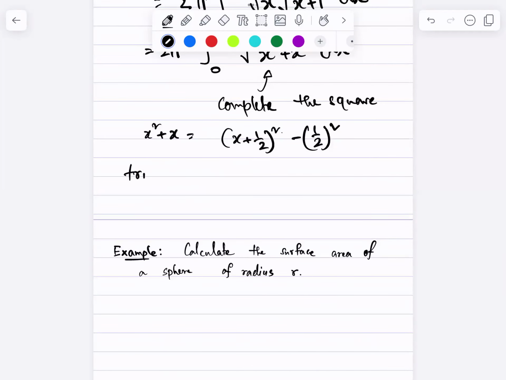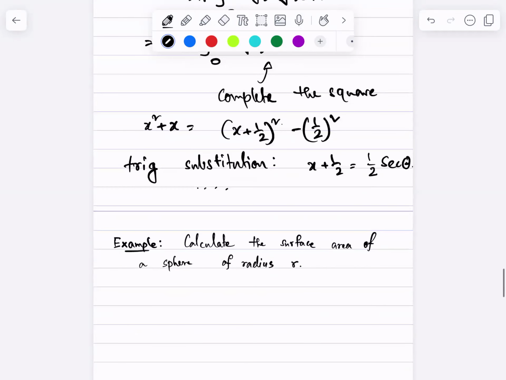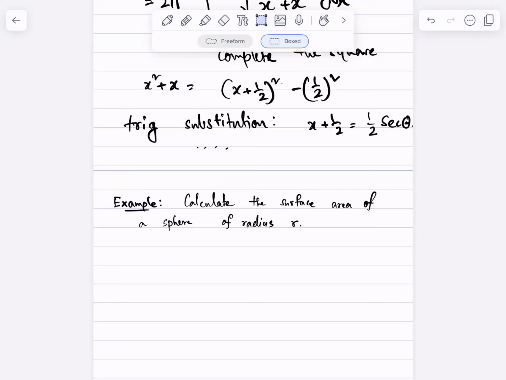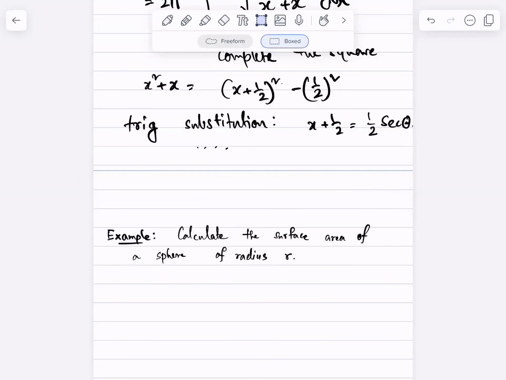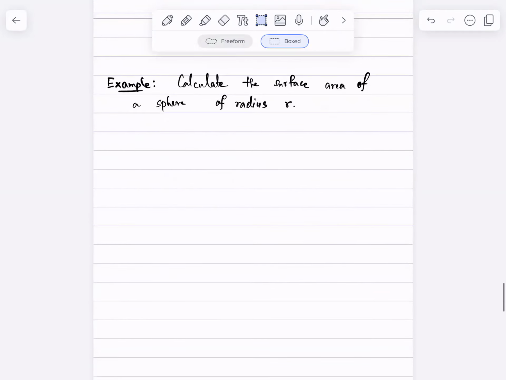And then you need to use trig substitution, with x plus half as, say, half secant theta. This is a little bit lengthy, but I guess you can solve it. This is not a bad exercise to revise the trigonometric substitution and stuff.